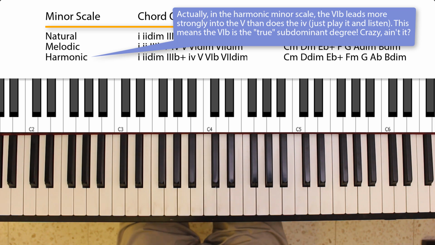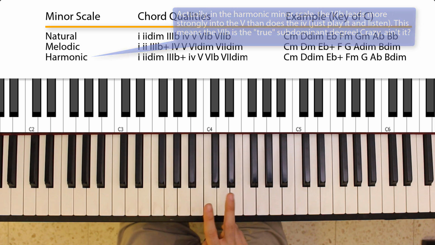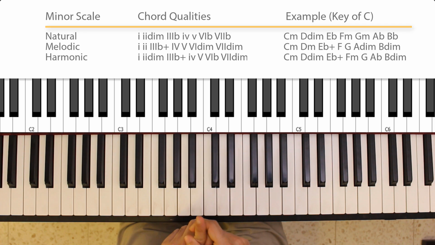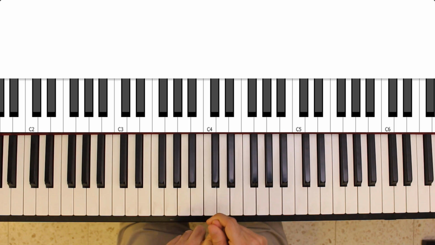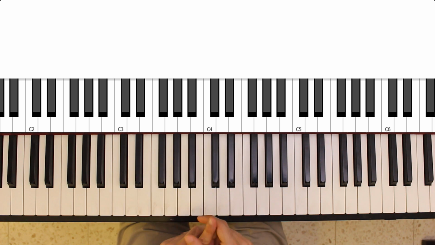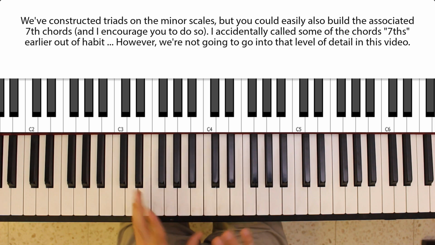The two takeaway messages from this brief video lesson are, first of all, that when people think about the minor scale in the context of chord qualities and diatonic harmony, unless they explicitly say otherwise, they usually think about the harmonic minor.